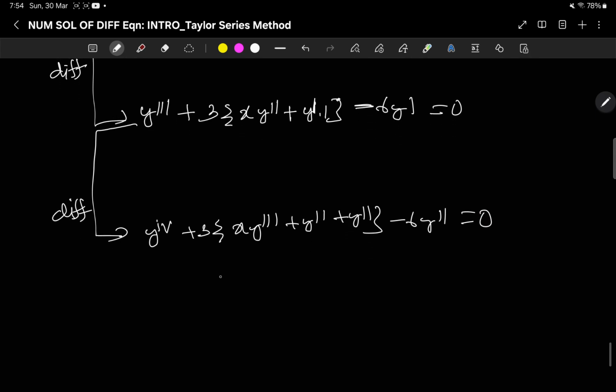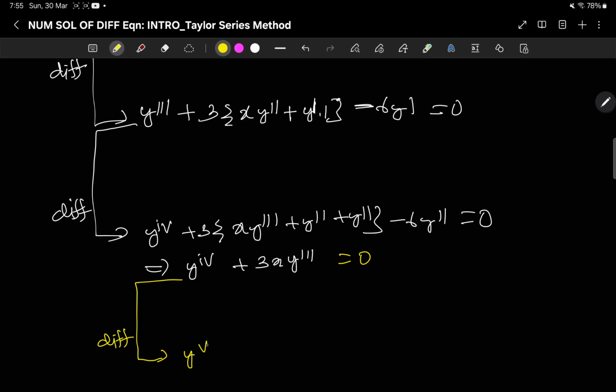So this means y fourth derivative plus 3x y triple dash plus the remaining terms is equal to 0. Now if you again differentiate it, it will give you y fifth derivative plus the product formula here, 3x into y fourth derivative plus y third derivative into 1. Okay, this is equal to 0.